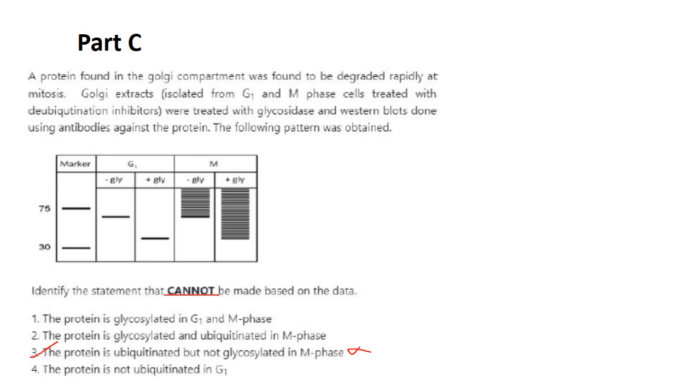That is correct. The protein is glycosylated and ubiquitinated in M phase. That is also correct. The protein is ubiquitinated but not glycosylated in M phase. That is not correct. It is glycosylated in M phase. The protein is not ubiquitinated in G1 phase. That is also correct. So the correct answer here is option 3.